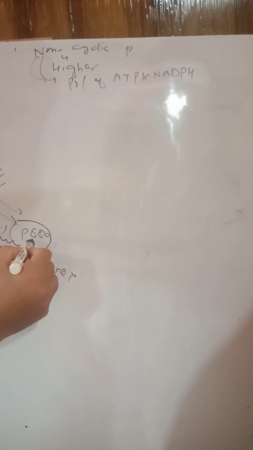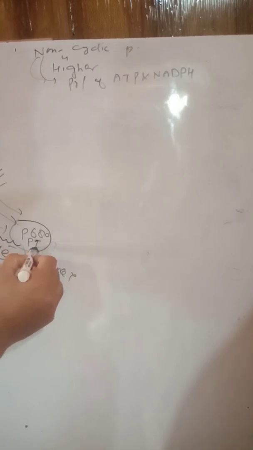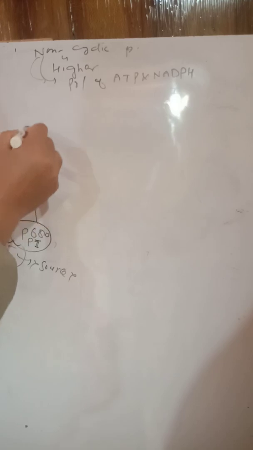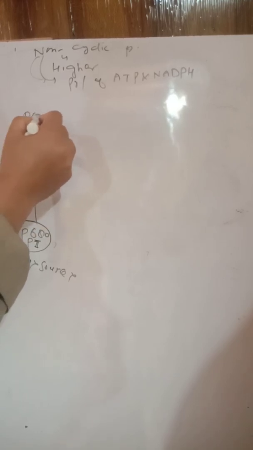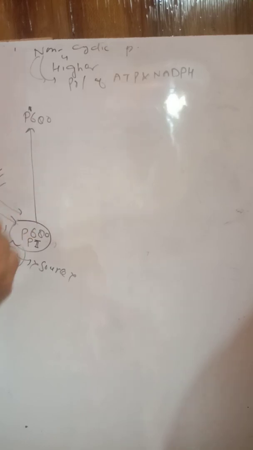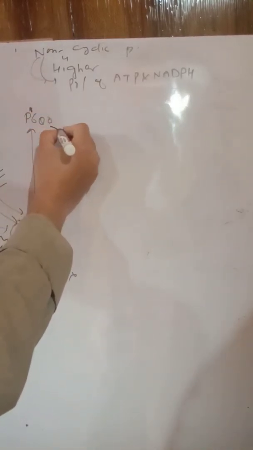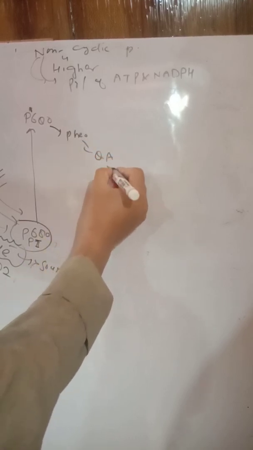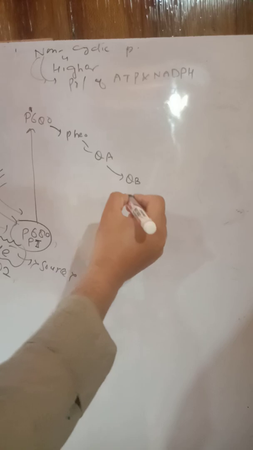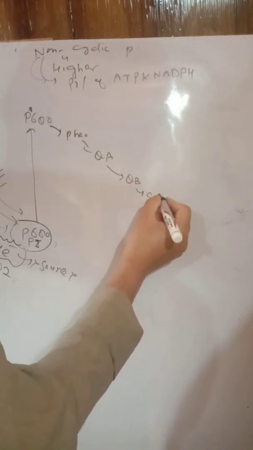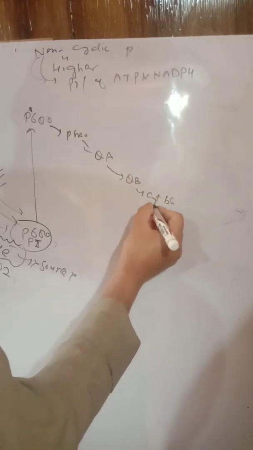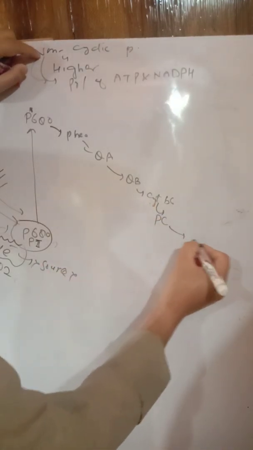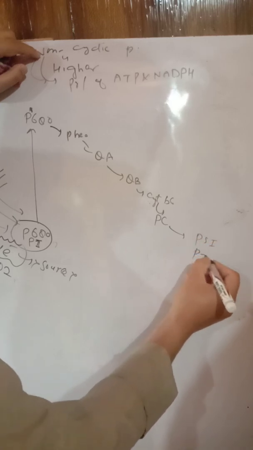First of all, sunlight falls on this P680, that is pigment system second. It gets excited to form P680 excited. Then it transports its electron to pheophytin, from pheophytin to QA, from QA to QB, from QB to cytochrome B6 complex, then to plastocyanin. From this it transports the electron to pigment system first, that is P700.